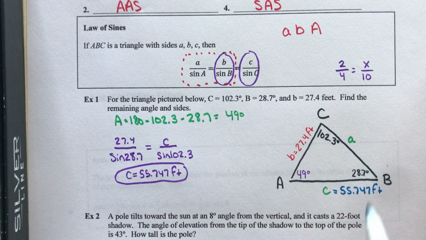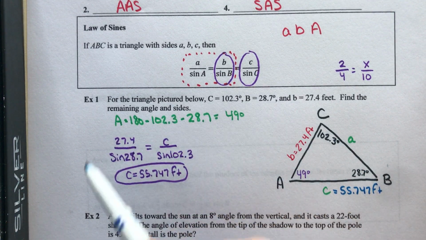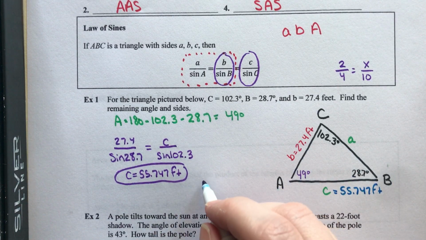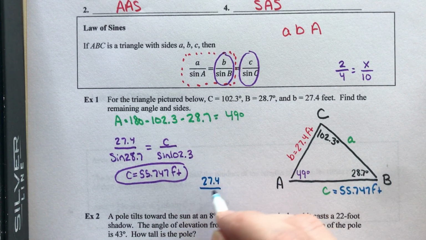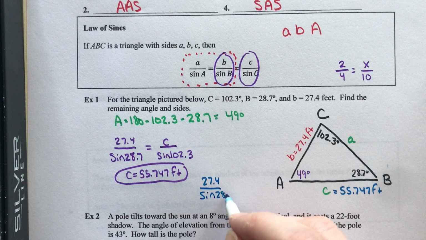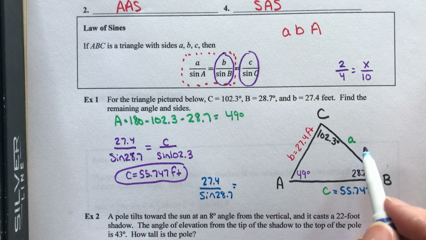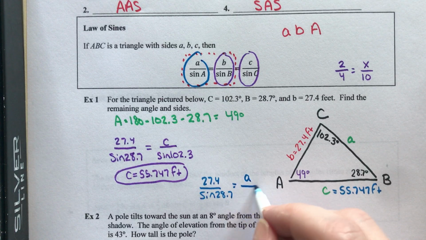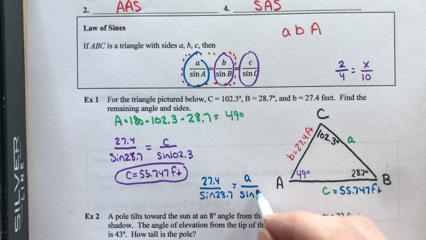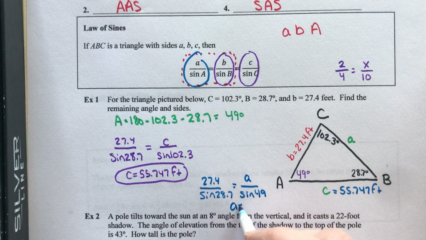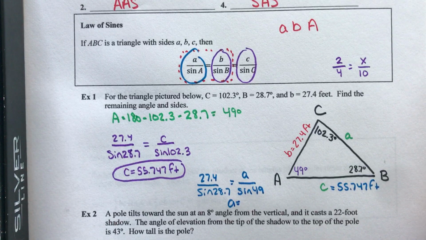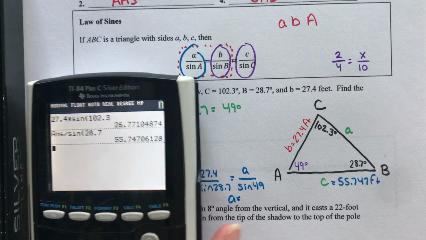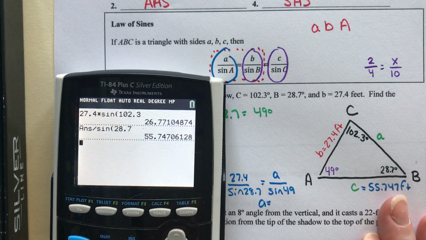Okay, last part, side A. Now I already know B. I actually have all of C now. I'm just going to keep using B though. So 27.4 over sine of 28.7, and I'm going to solve for A. So I'm going to use this one over here: A over sine of A, which is 49. So I'm going to do the same thing on my calculator again. Okay, so I'm going to cross multiply.